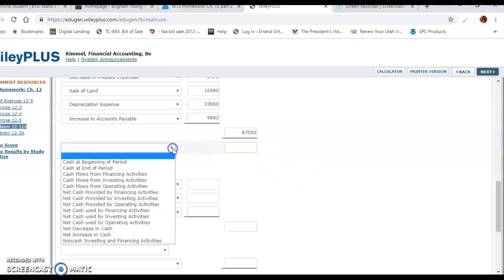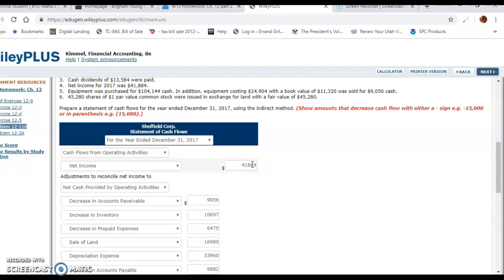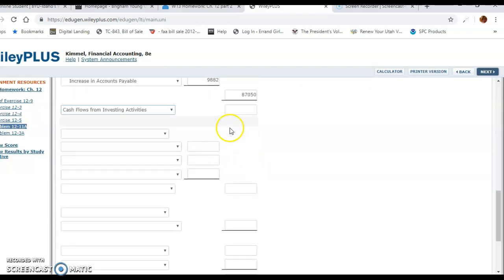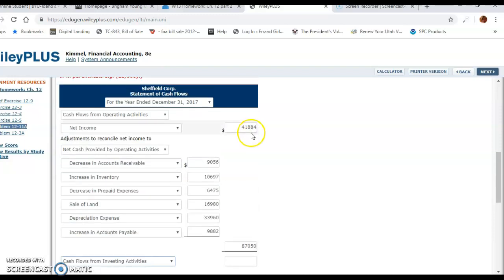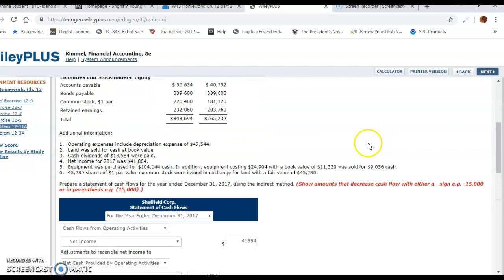Okay, so the next thing I would say we do is cash flows from investing activities. But they want an amount. So because we haven't done anything like that before, I'm not so sure what that would be. At least I haven't done anything like that yet because I haven't done 12.5.